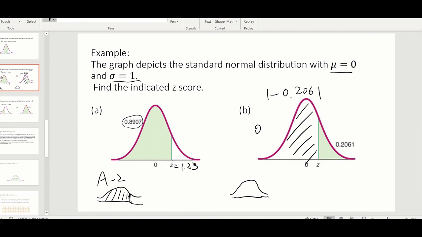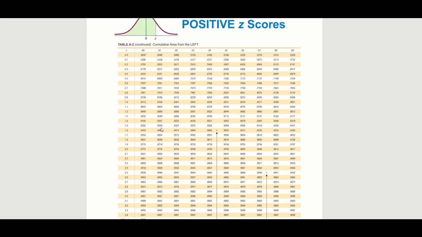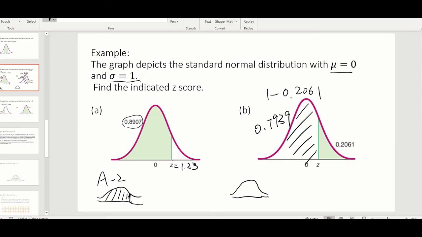So I get 0.7939. Now we will go to the A2 table and find the area of 0.7939. Right here. Okay, the corresponding z-score is 0.82. So going back to the problem, the answer here is 0.82.